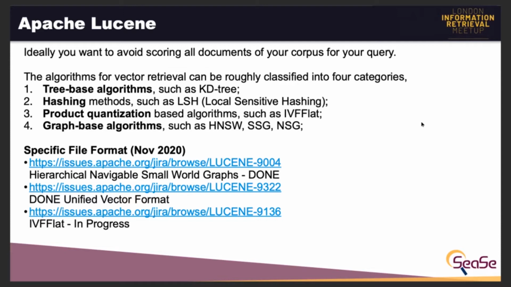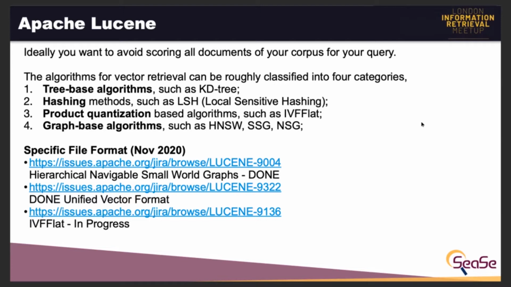Product quantization, which is similar to a certain extent to hashing, because you are basically reducing the fine grain of a vector, to reduce the number of different vectors you have in your corpus. And finally, graph-based approaches, which have the objective to guarantee hierarchical structures that you can build offline and then reuse to reduce the amount of candidates when scoring.